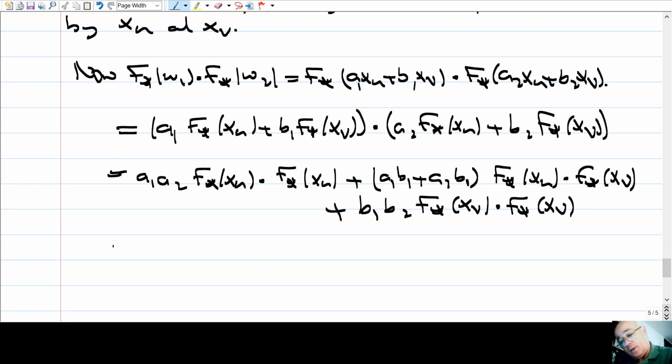However, we assume that, okay, a1 a2, this is just E bar.